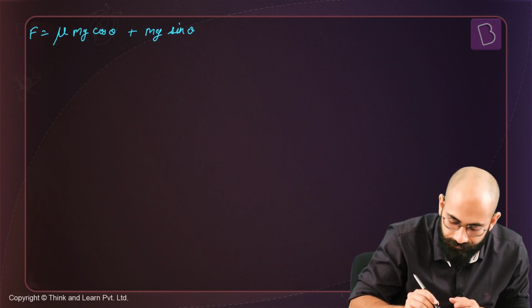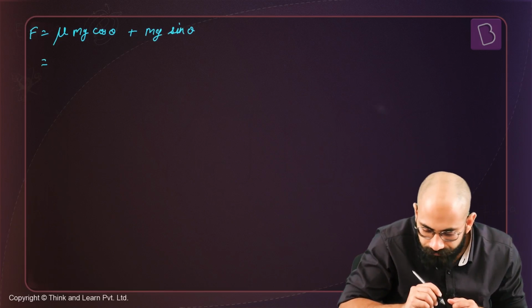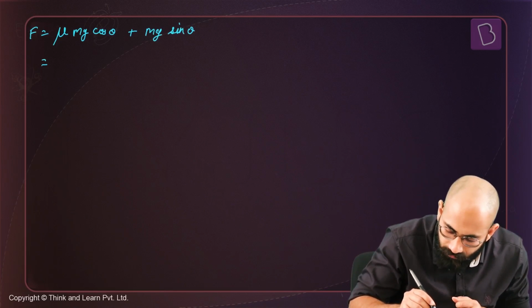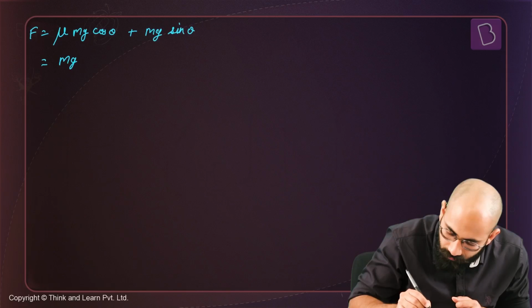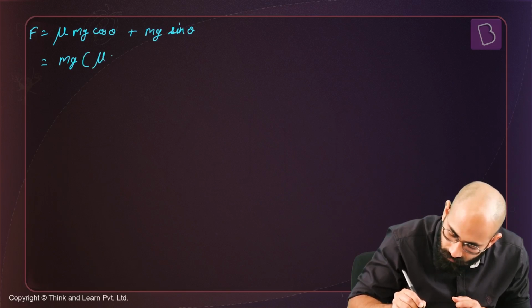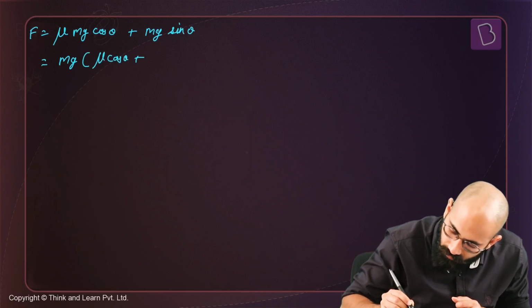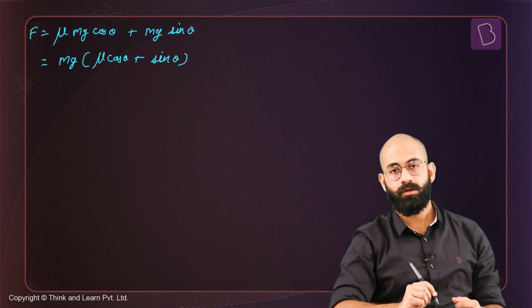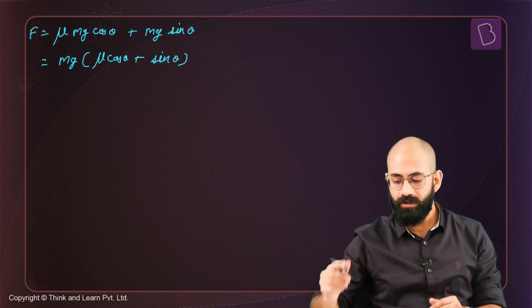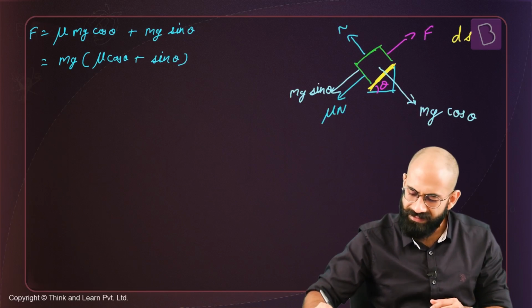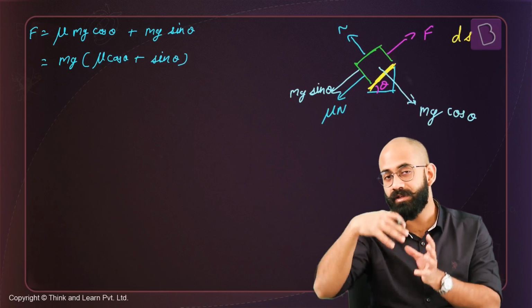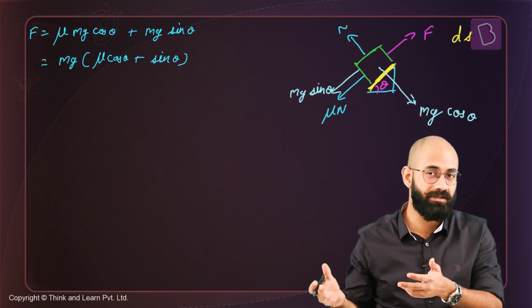Okay, and if I take mg common, okay, now this is the value of F, or the magnitude of F for this instant, just this instant, okay, because that instant keeps changing because theta changes every instant, right?